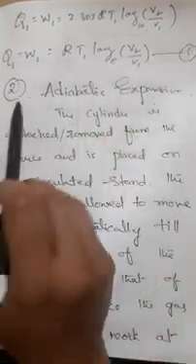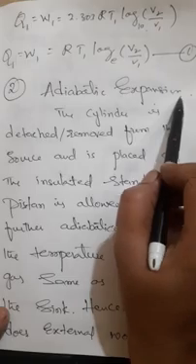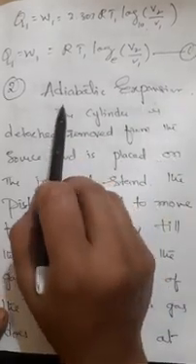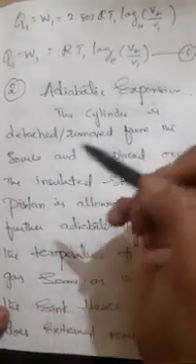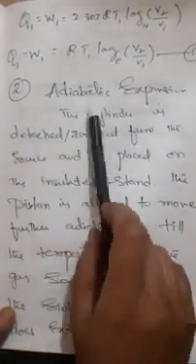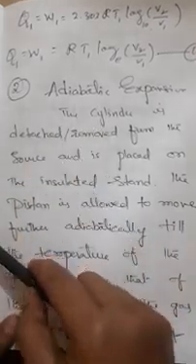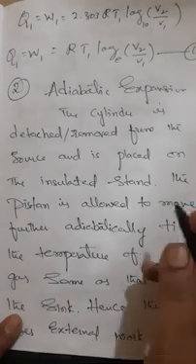Now the second situation is adiabatic expansion. At this position we remove the cylinder from the source and place it on the insulating stand, because an adiabatic process means a process in which heat neither enters into the system nor leaves the system.